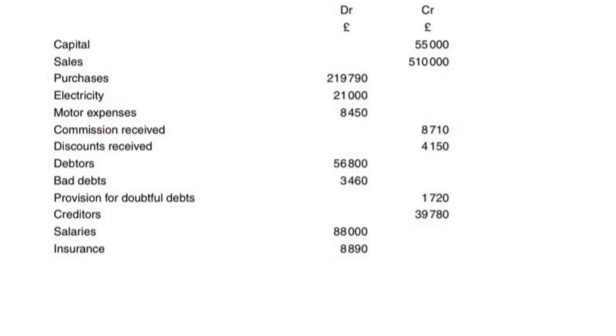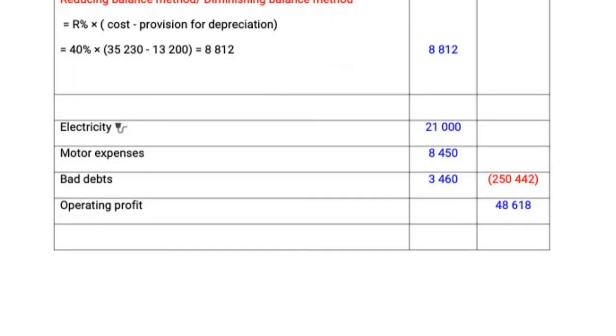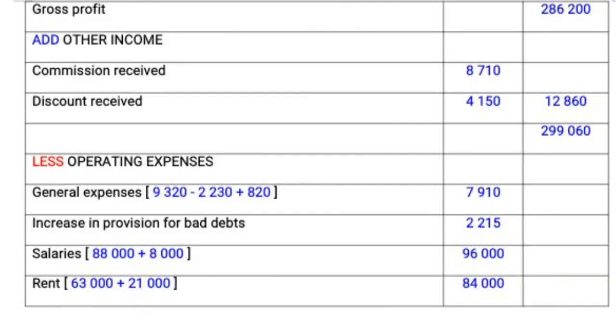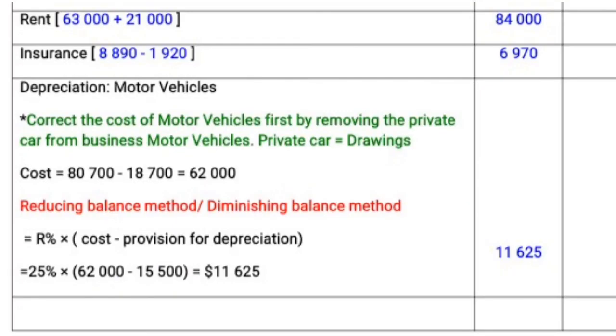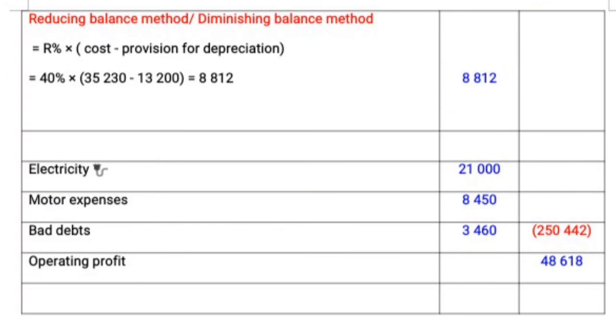Right? So I'm going to add all the operating expenses. 7,910 plus 2,215 plus 96,000 plus 84,000 plus 6,970 plus 11,625 plus 8,812 plus 21,000 plus 8,450 plus 3,460.